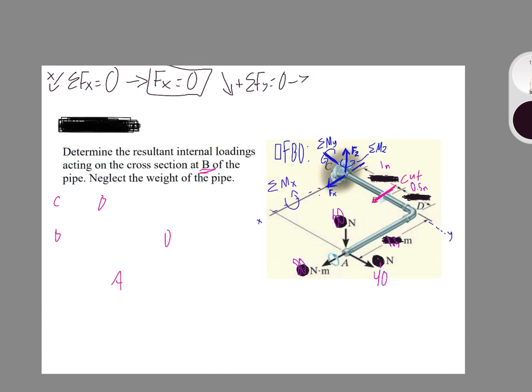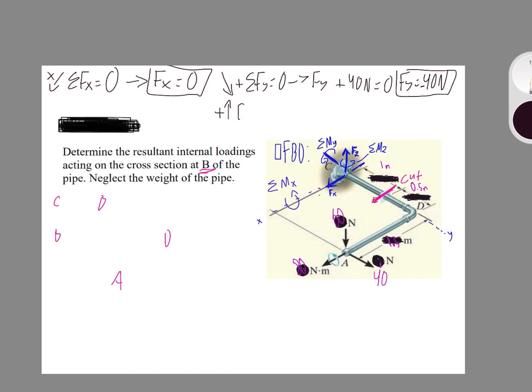Looks like we'll have Fy plus 40 newtons. That's actually the only one we have, equals 0, so that means Fy equals 40 newtons.